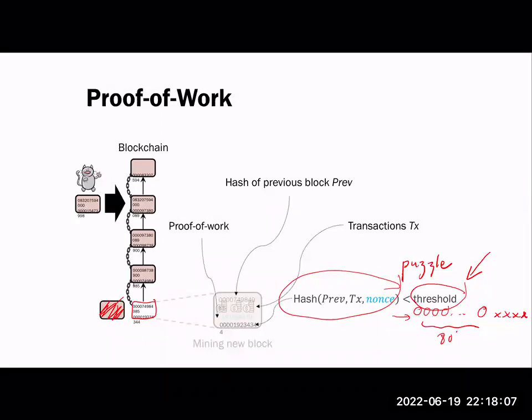That is no good. That's a safety attack, right? Because you've already agreed on something and then you change it. But this proof of work makes it extremely difficult for you to do that, because the proof of work puzzle already has the transaction in there. And if you try to change the transaction, you cannot satisfy the same hash puzzle anymore. And so changing just one block in the middle doesn't work.